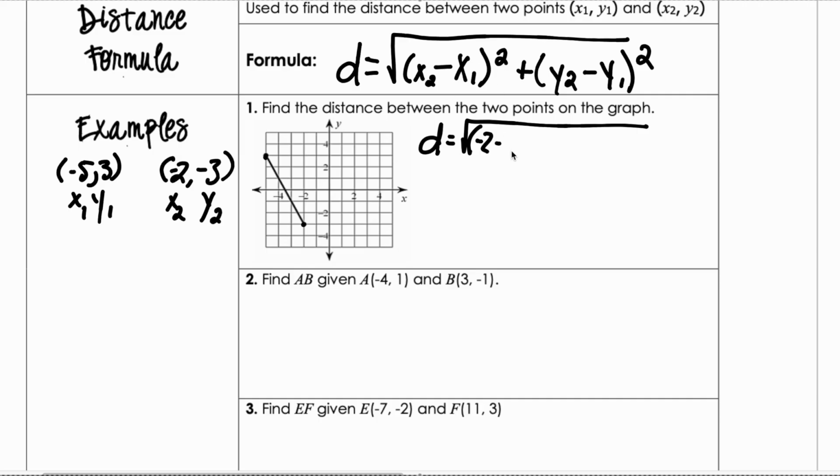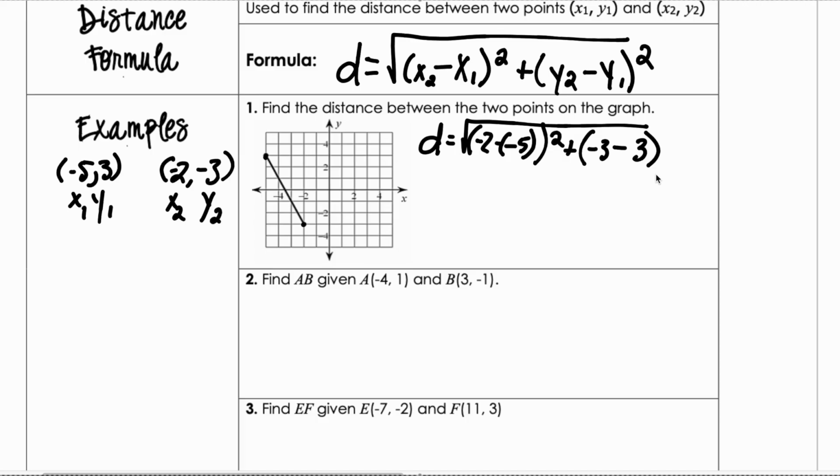So when we do substitution, it's always good to put it in parentheses for cases like this, because we have x2 minus a negative, right? Our x1 is -5. So that reminds us that we need to combine these negative terms, okay? Plus our y2, which is going to be -3 minus our y1, and y1 is +3.